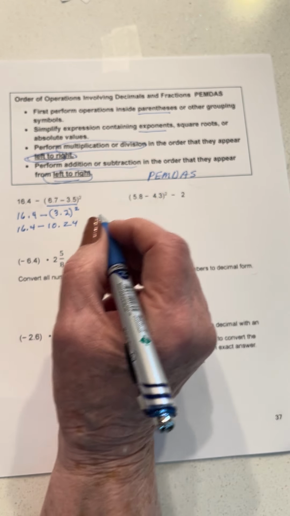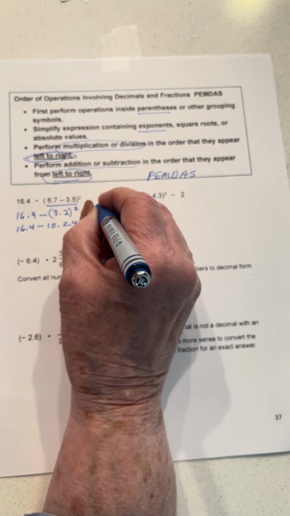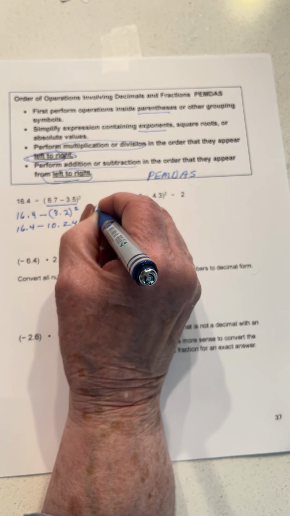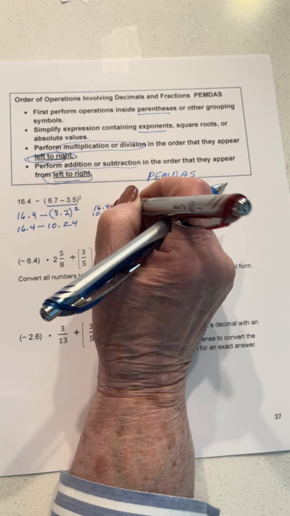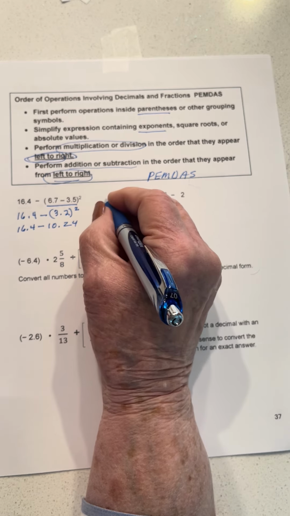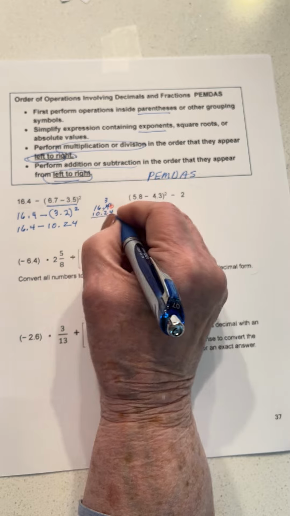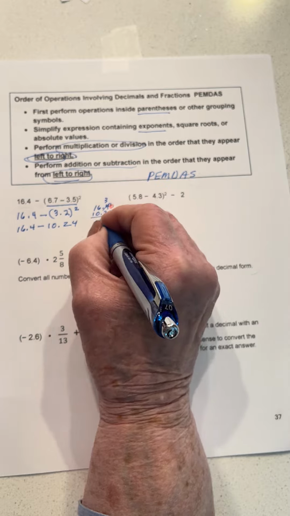And if we subtract those, I'll write them on top of each other. I'll fill in that 0 on the top. I need to borrow. I get 6, 1, 6.